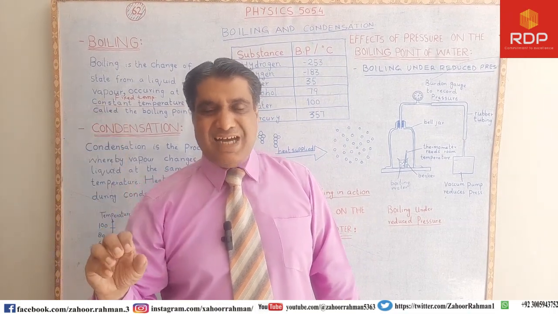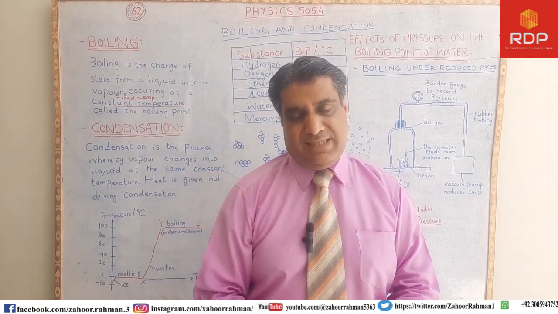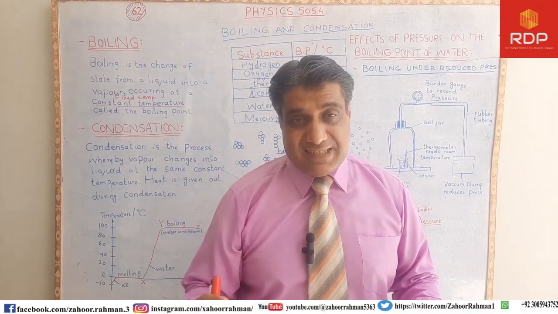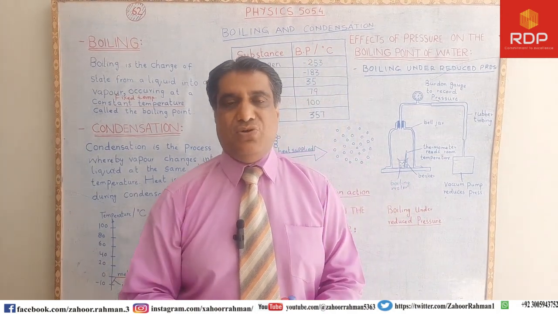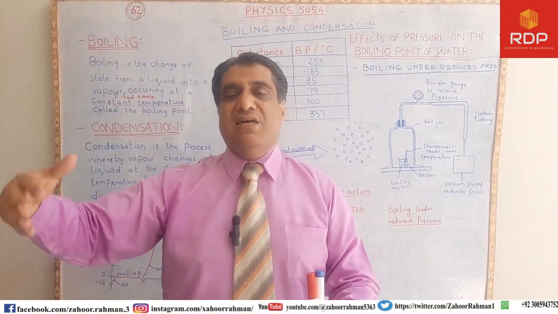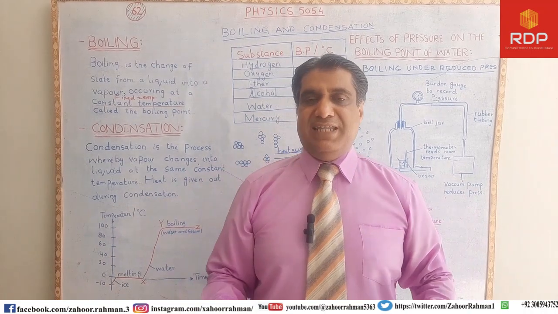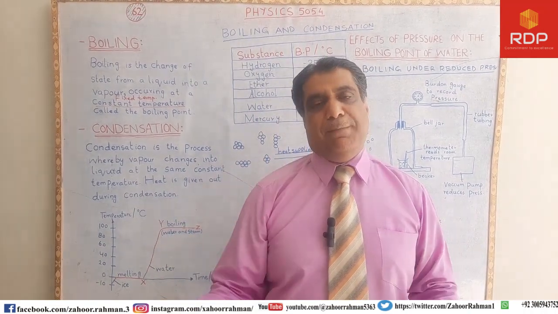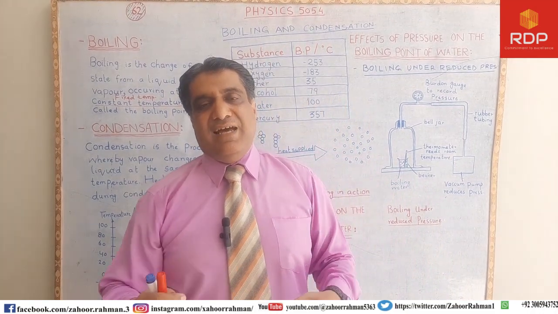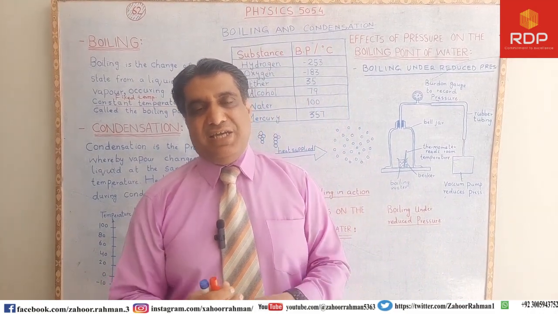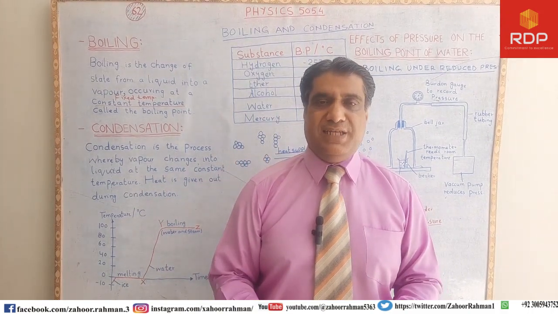They are trickling down from the outer surface of the glass, and that is called condensation. It is not like this that water is going out from the glass outer side and trickling down. From the environment, the vapors are condensing, and then they are trickling down in the form of water from the outer surface of the glass.